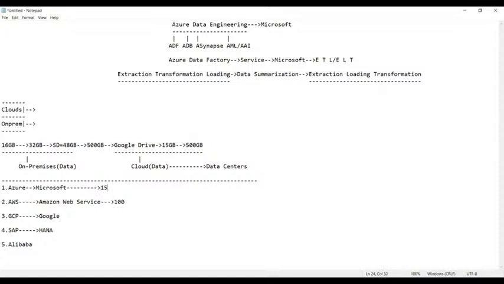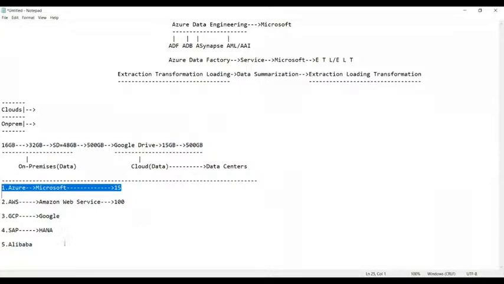So Azure is a very economical service, a much cheaper service compared with Amazon. Hence the number one product available in the market in cloud technology is Azure, from Microsoft. Getting my point?